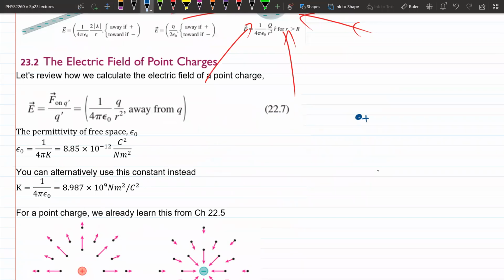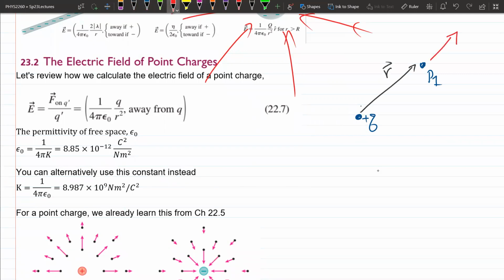So let's say you have a positive charge here in the middle and it has some positive charge Q. If you want to calculate the electric field from it at some point, let's say point P1, you need to know the distance R away from it. And the electric field is going to be pointed away from the positive charge.